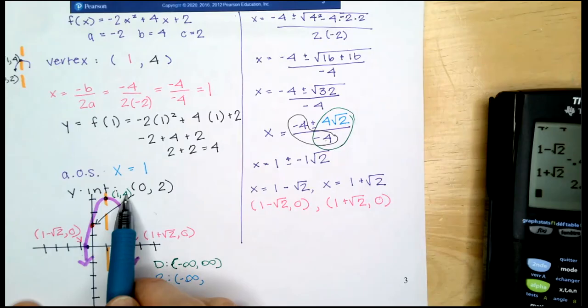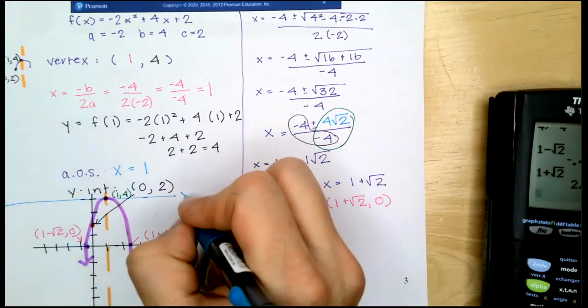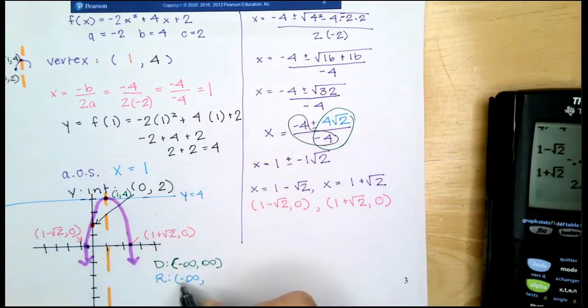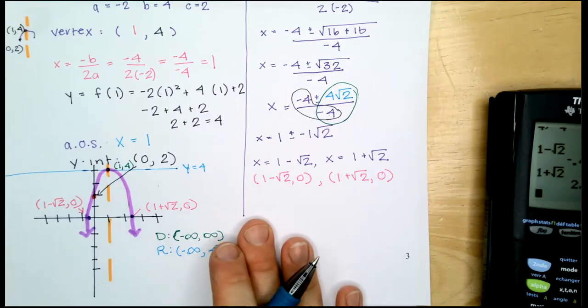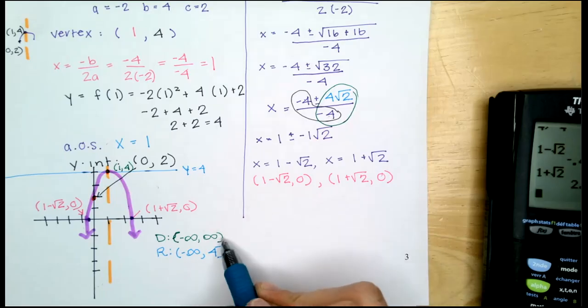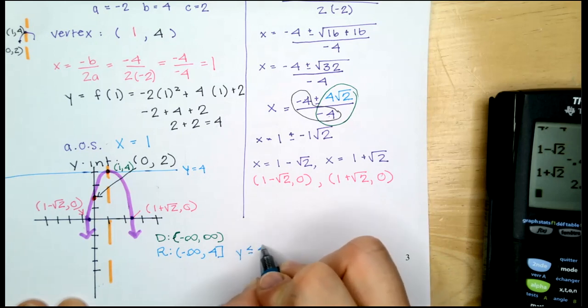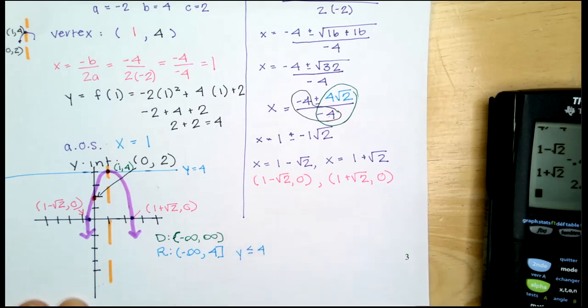It goes to 4 on y. This is the line y equals 4. So we're going from -infinity to and including 4. Okay. All real numbers, y is less than or equal to 4. Good.